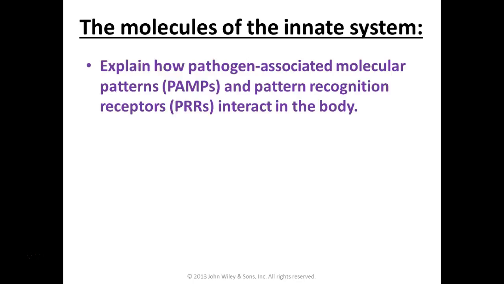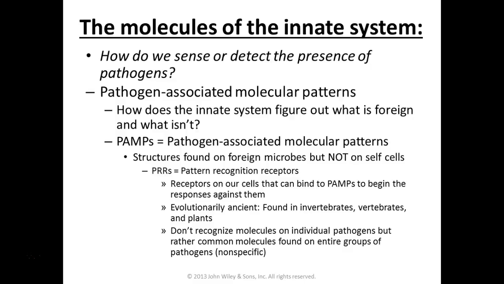Abbreviated PRRs, which I won't use, but people do. We start using these abbreviations and we forget what they stand for, right? Although it's much easier to probably say PAMPs.